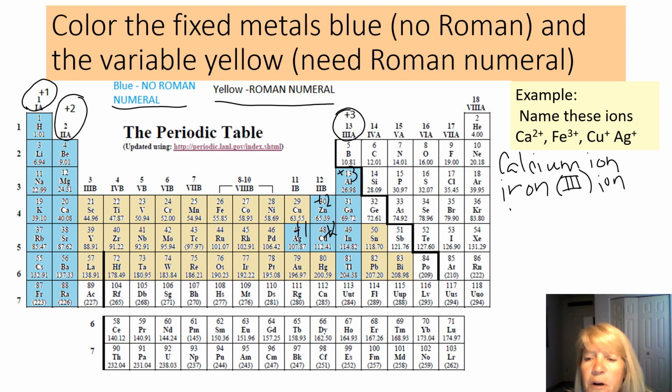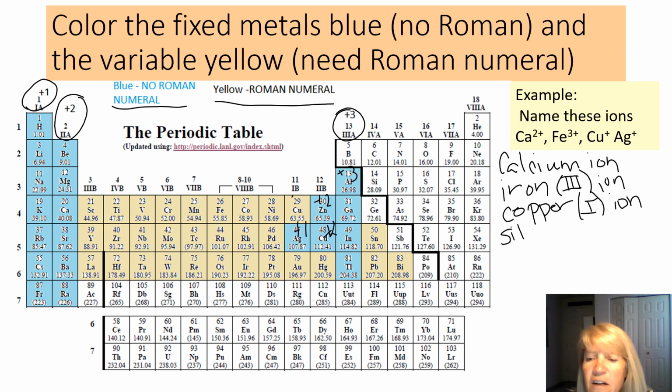Okay, how about copper? Do we know its charge? Does it need a Roman numeral? Well, here it is. Copper, it's yellow, it does. So I'm going to put in Roman numeral 1, ion. Even though it's a 1, we don't leave it off this time. It's Roman numeral 1 because we need a Roman numeral. And then the last one, Ag, is silver.